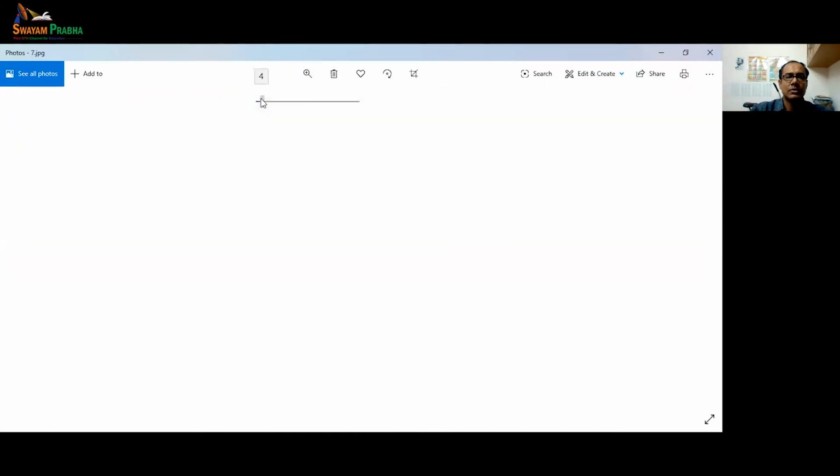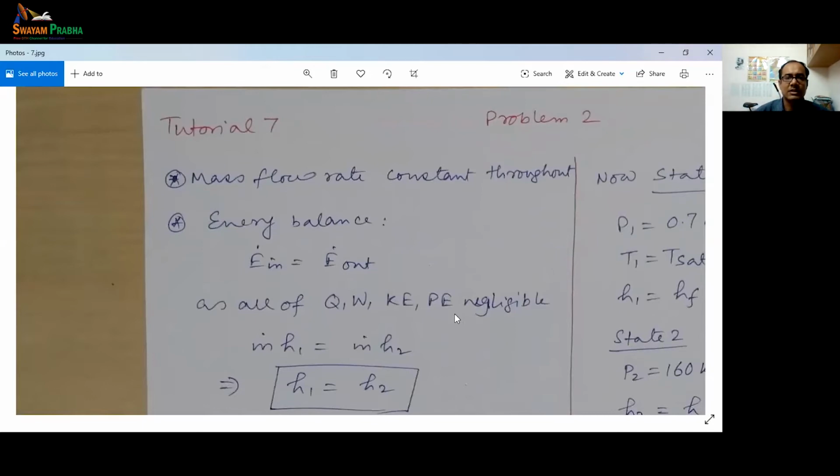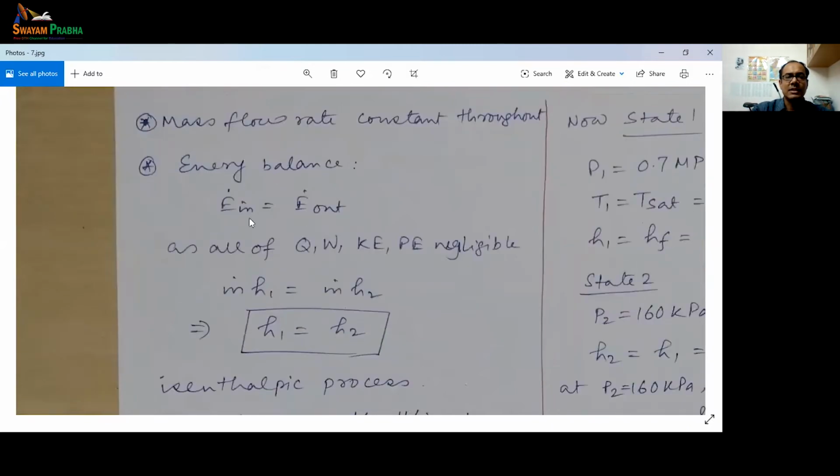Okay, so let's go to the steady flow process analysis. Mass flow rate is constant throughout, so that automatically satisfies the mass balance. Now next, the energy balance is, again, whatever is coming in has to go out.